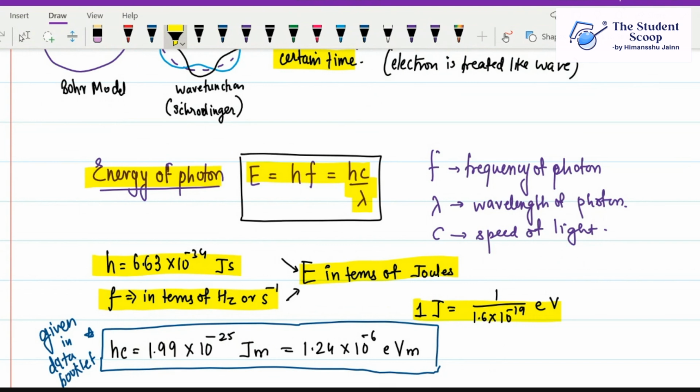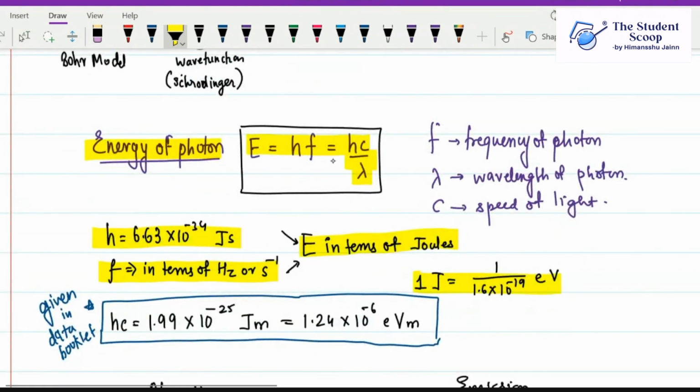But you will find in most of the questions, instead of giving you frequency, they will rather give you a wavelength. So when they give you a wavelength, you can substitute the value of hc, which is given in the data booklet as 1.99 times 10 raised to minus 25. This is something that you will do if you want your energy in joules.